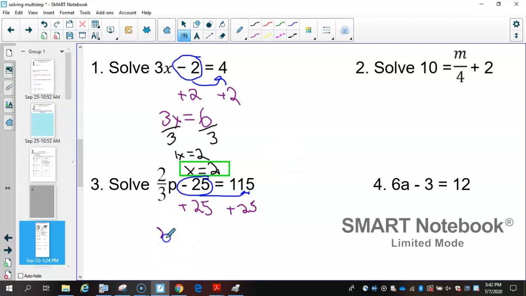That's 2 over 3 p equals 140. Yes. All right. Now we have this fraction next to the p.